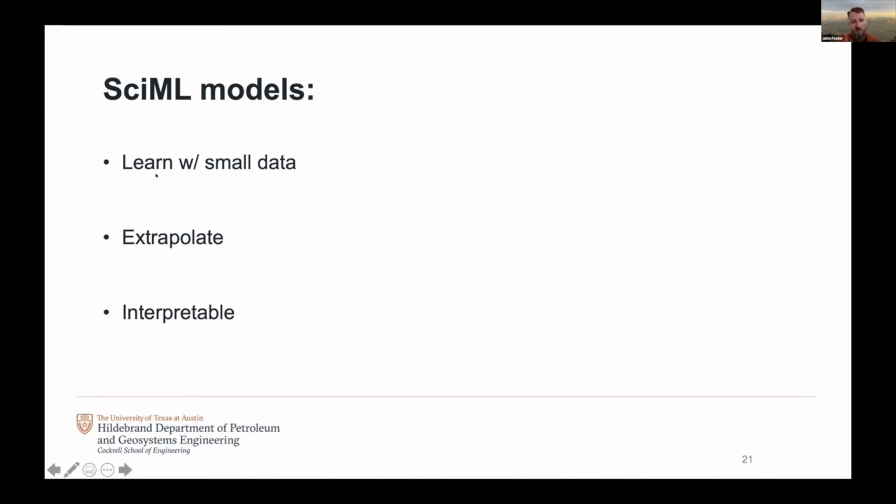I had a couple examples where I showed that, and then, it also extrapolates. In all my examples, I'm extrapolating in time, predicting into the future. And particularly in the last case, they're far more interpretable because, in the last example, all I'm doing is learning the unknown constitutive model. The balance laws are all fixed.